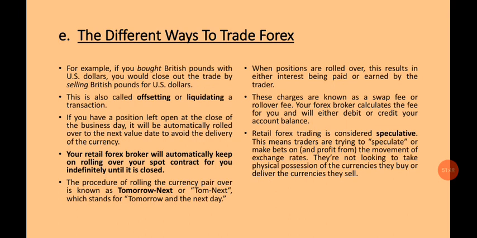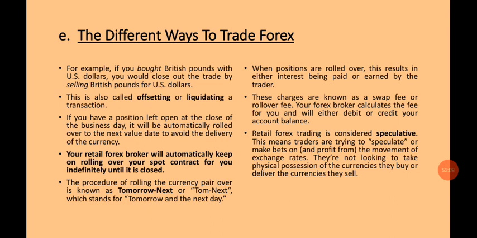If you have a position left open at the close of the business day, it will automatically roll over to the next value date to avoid the delivery of the currency. Your retail forex broker will automatically keep on rolling over your spot contract for you indefinitely until it is closed.